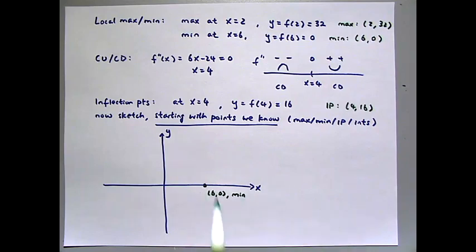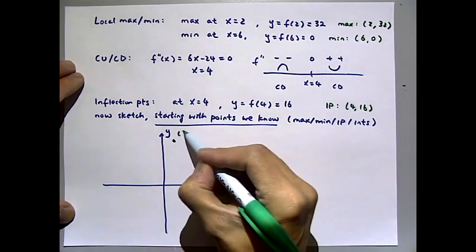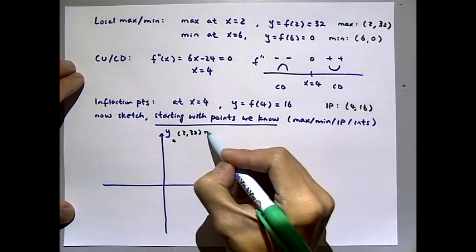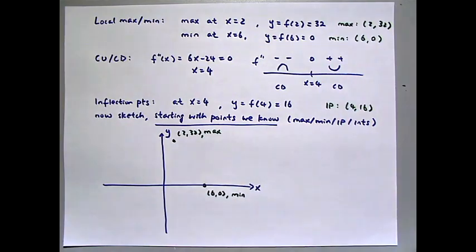And therefore, I expect some kind of bounce around like that. Let's go to x equals 2. The max is right here. (2, 32), that's our local max.